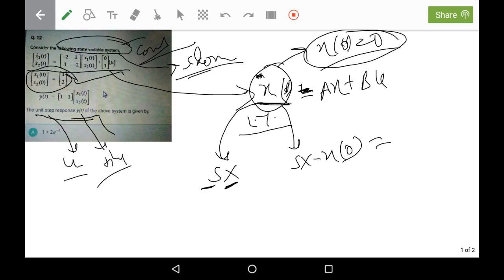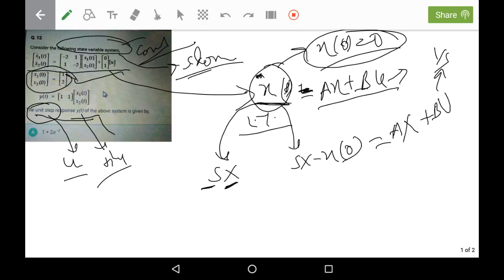Now next come to the RHS part. A is of course the constant matrix, and the Laplace transform of x will be written as capital X. Next, B is again the constant part, and U is the unit step function. Since the input is unit step, its Laplace transform is capital U, which is 1 upon s.